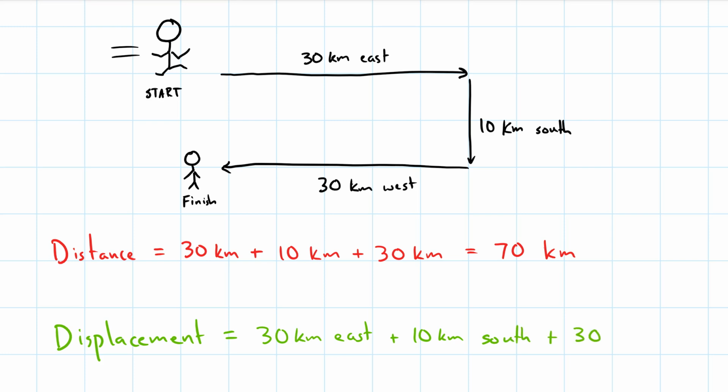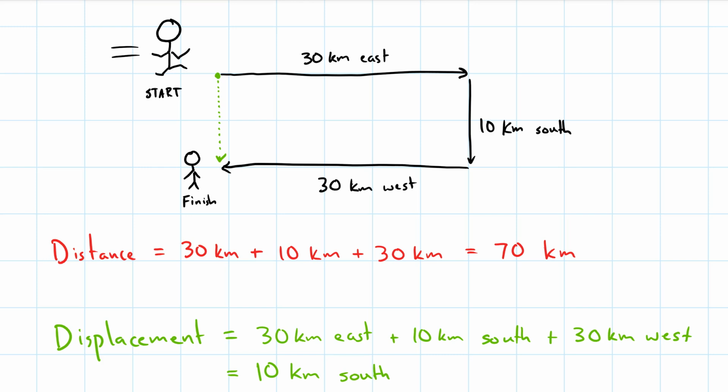And the 30 kilometers west. Now, if we take a look at this, what happens is the difference between where we started and where we finished, right? That's that 10 kilometers south. So the answer for our displacement is 10 kilometers south.